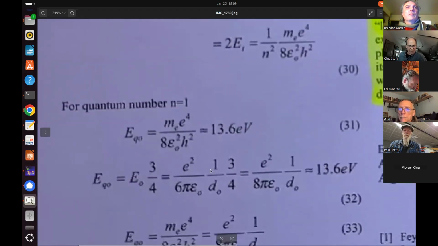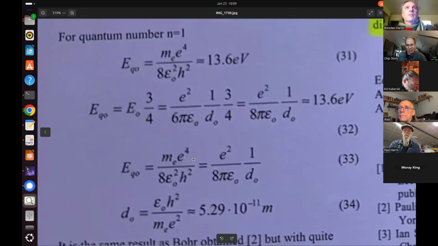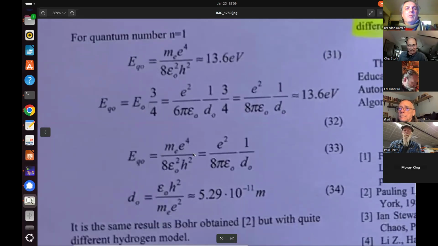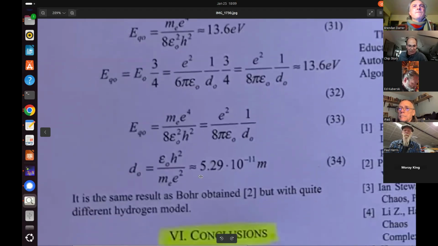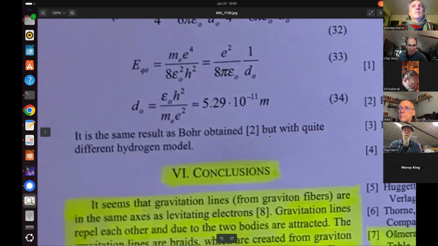All right, with quantum number n equals 1. So we assume we spot it at a position, and it is rationalized and characterized at quantum number equals 1, and he has that equation built out. It is the same result as Bohr obtained, but with quite a different hydrogen model.